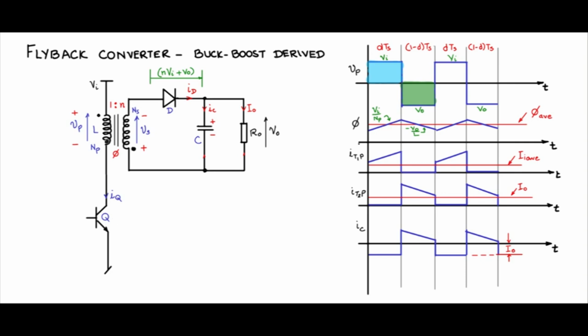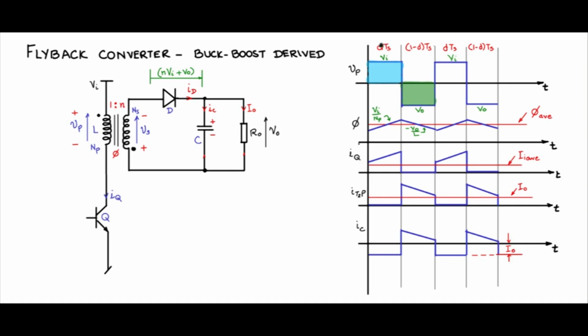Now what is the waveform of the current that is flowing through the primary, or the current that is flowing through Q? IQ. IQ is nothing but the current that was flowing through throw 1 to pole current, that is IT1P. So IT1P becomes IQ.